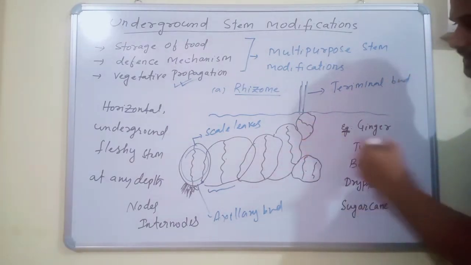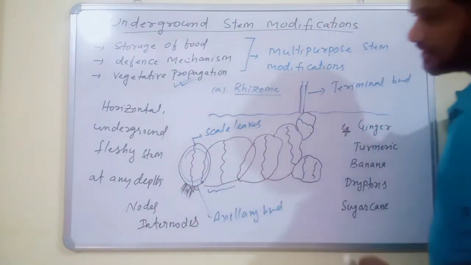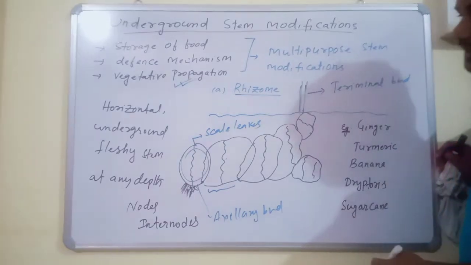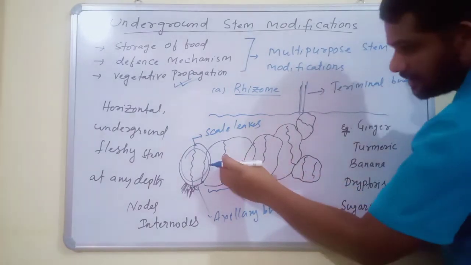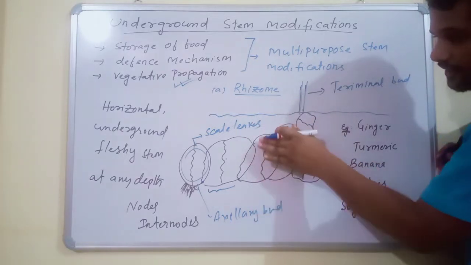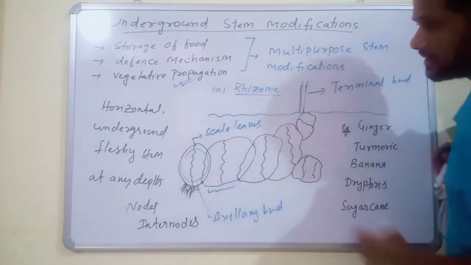So these are the scale leaves, and the nodes also produce many adventitious roots, and the axillary buds help in vegetative propagation, and these axillary buds also help in storage of food material. Being underground, this stem is also protected from herbivorous animals.